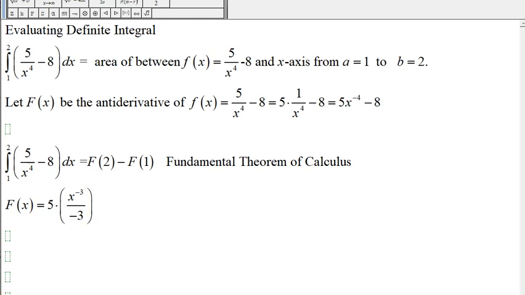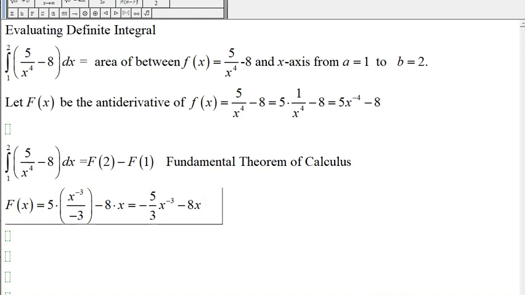And then minus the constant 8, the antiderivative would be just 8 times x. And so here we get negative 5/3 x to the negative 3 and then minus 8x. And so this is the antiderivative.